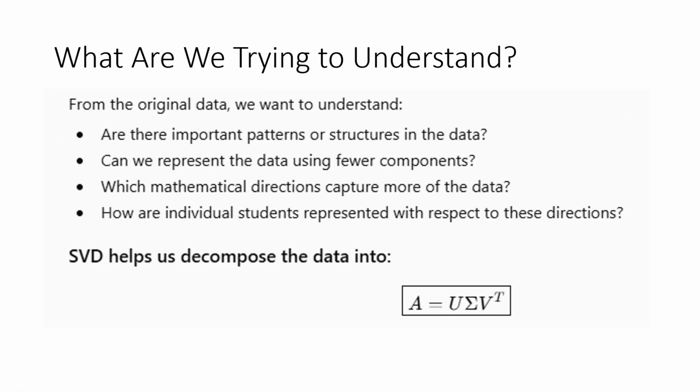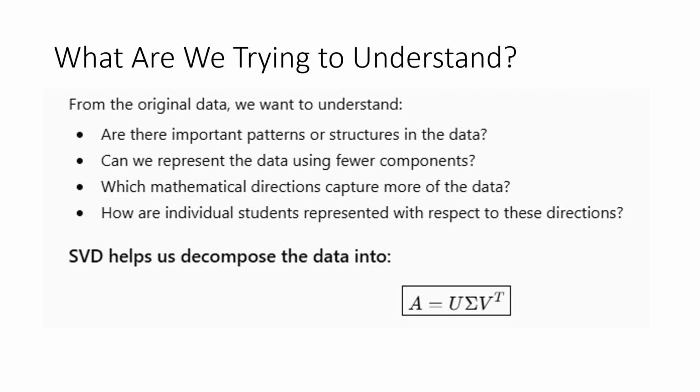Now, once we have this data matrix or data set, we want to identify whether there are any important structures or patterns in it, right? For example, we may notice that the students who score high marks in mathematics also tend to score high marks in science, right?